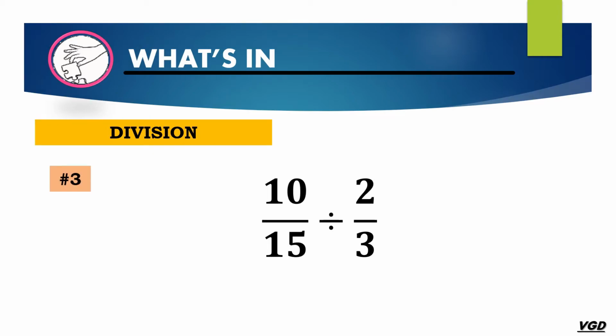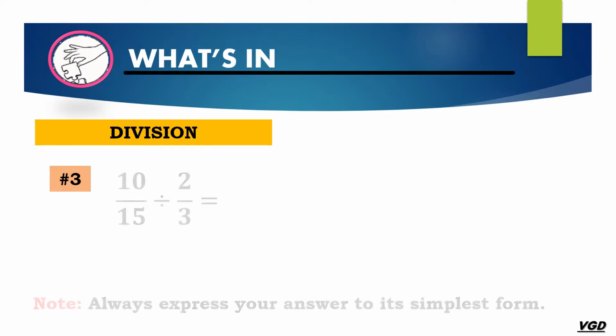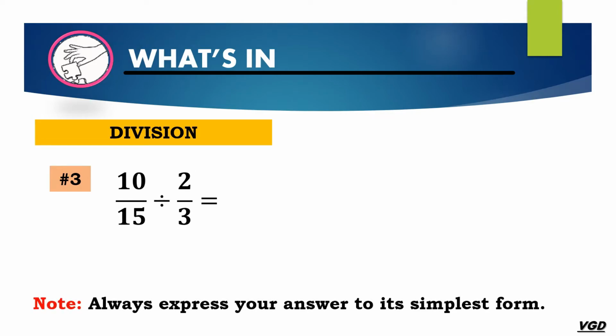Now let's solve number 3: 10 over 15 divided by 2 over 3. We will just follow the steps that we did in number 1 and 2. Multiply the first fraction to the reciprocal of the second fraction.